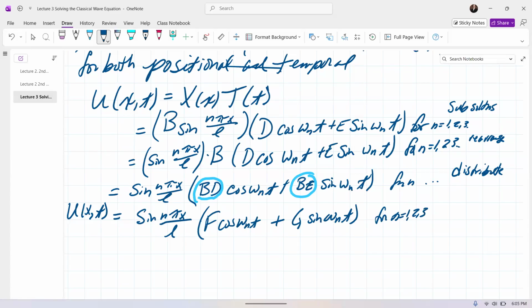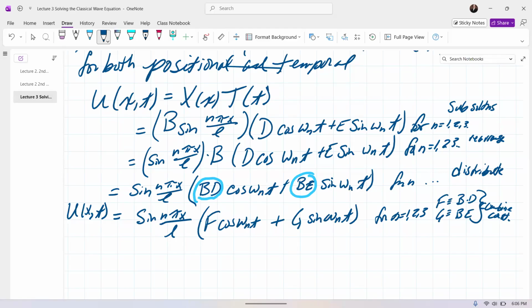So what we've done is define F to be B D, and G to be B E. These are combined constants. That's what's happening there. So there we have it.